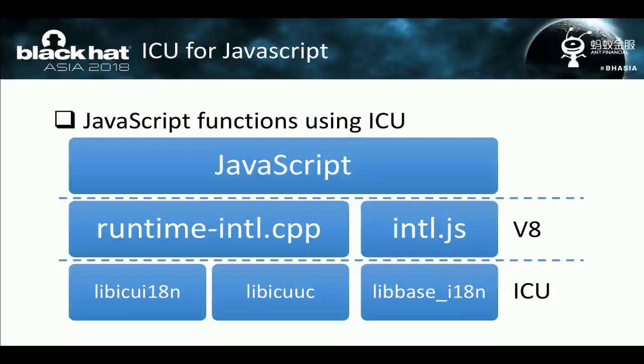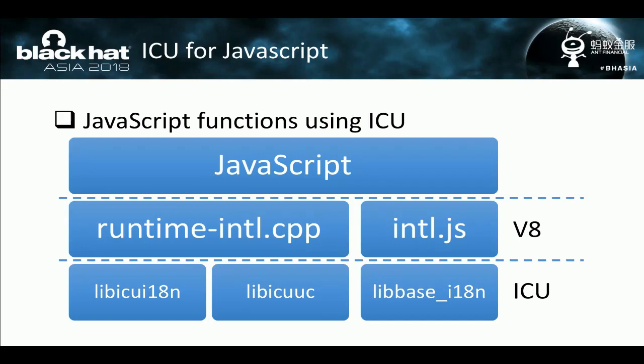This is the structure of V8 and ICU. When V8 executes functions that use ICU, V8 will check the arguments of JavaScript functions and only pass the legal arguments to ICU.